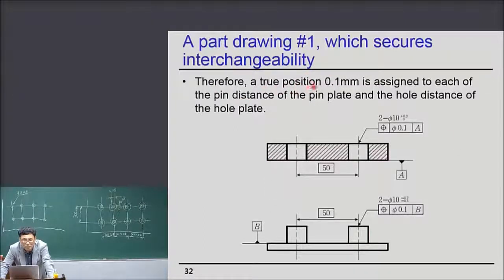A true position of 0.1 millimeter is assigned to each of the pin distance of the pin plate and the hole distance of the hole plate. For the hole plate, this is the same dimensional tolerance, and a true position of 0.1 according to datum A is assigned here. The pin plate true position of 0.1 is also assigned. And this is the symbol of true position of 50.